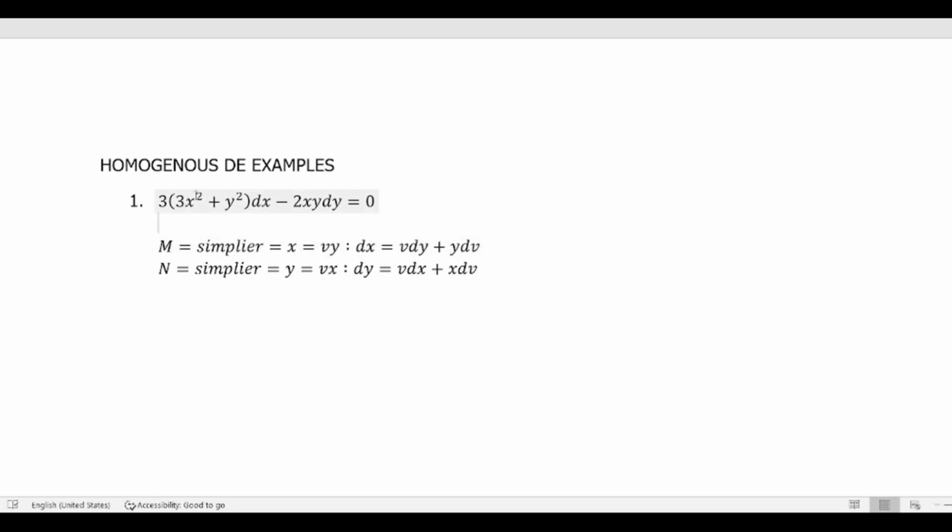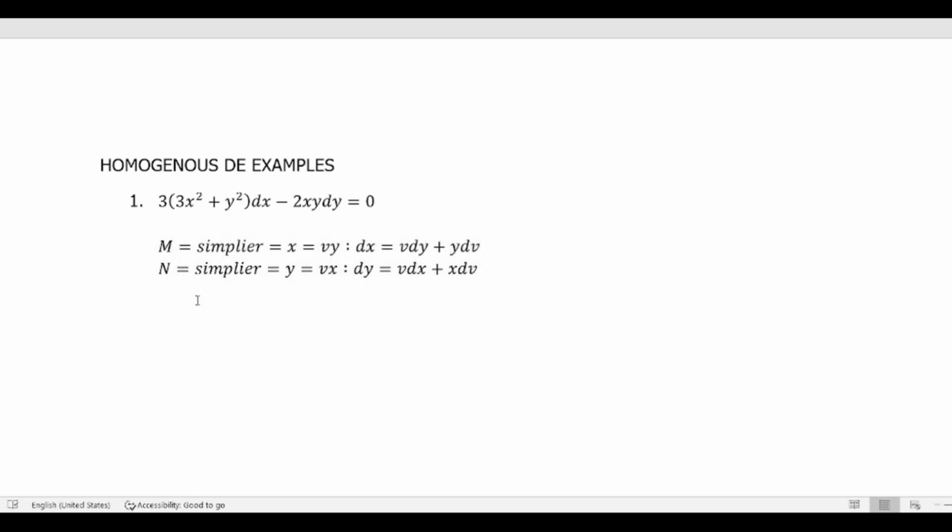Because we cannot transpose this one to dy, since it consists of y squared as well. So it consists of two variables. If there's y here, you cannot integrate this one fully. You cannot also integrate just the x. Otherwise, we can actually do the homogeneous tactic for this one.